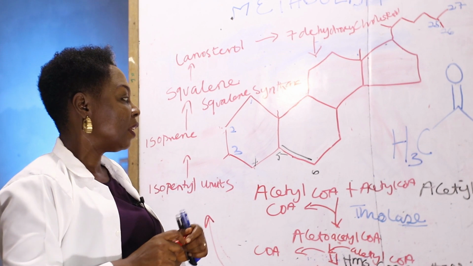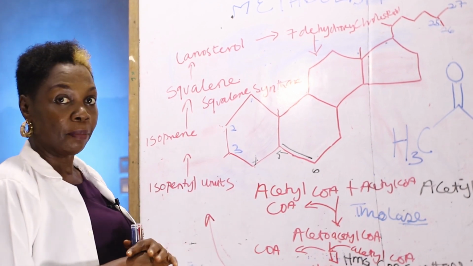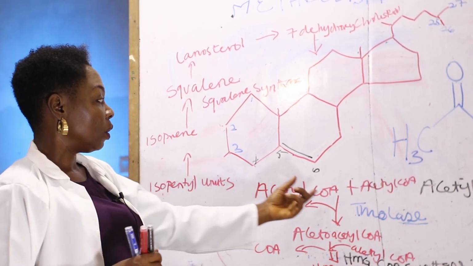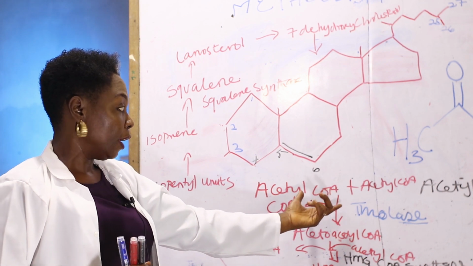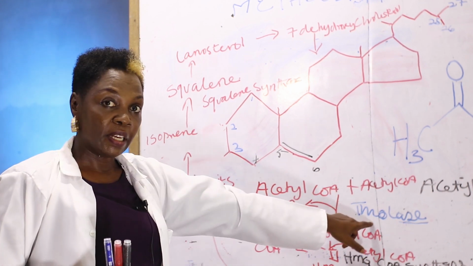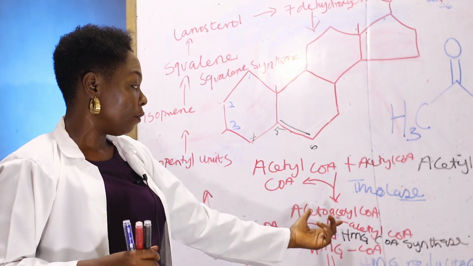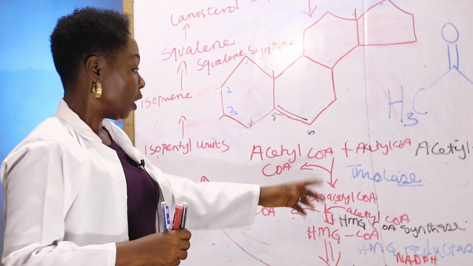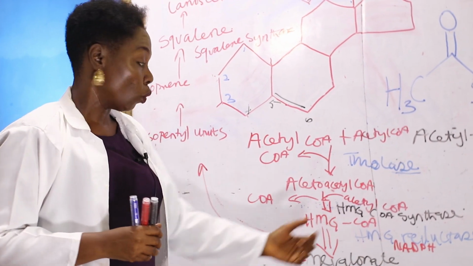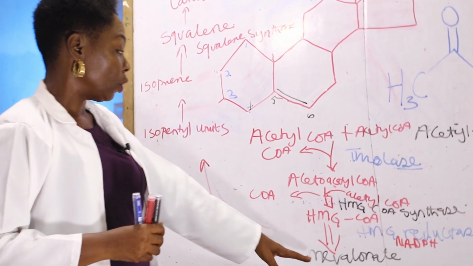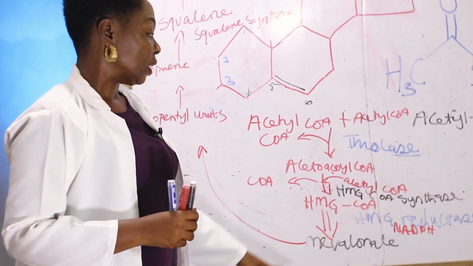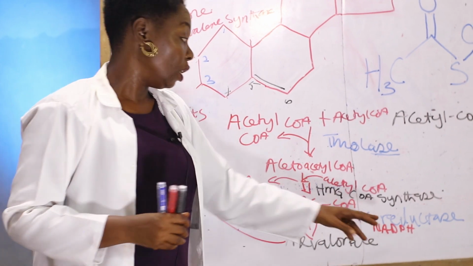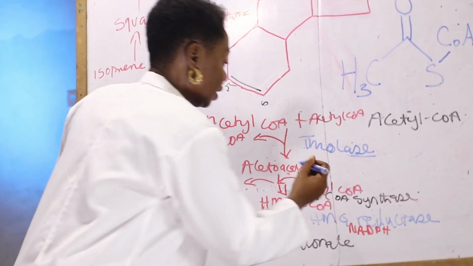So I'll just take us over these steps again. You have the condensation of acetyl-CoA, catalyzed by the enzyme thiolase. Then you have the formation of HMG-CoA, and then the formation of mevalonate, which is catalyzed by HMG-CoA reductase.